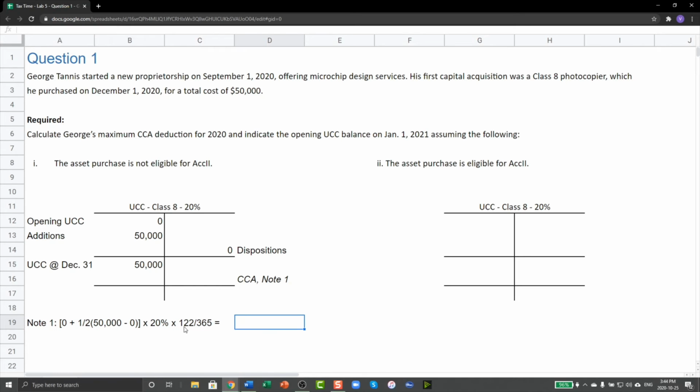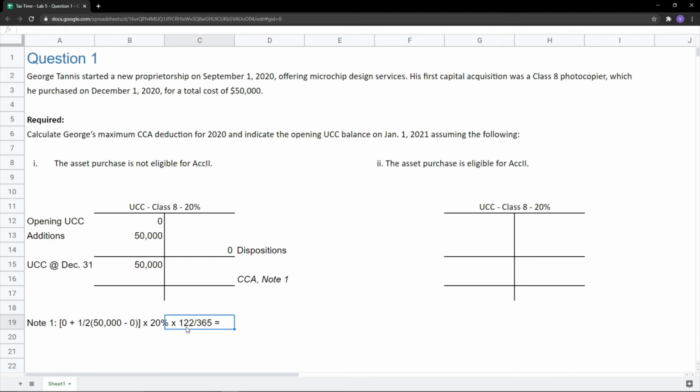Let me just emphasize that again. We're using 122 over 365 because the proprietorship started on September 1st. So from September 1st to the end of the year is 122 days, even though the photocopier itself wasn't purchased until December 1st of the year. The fact that the photocopier was not in use for the full year, that's what the half-year rule takes care of.